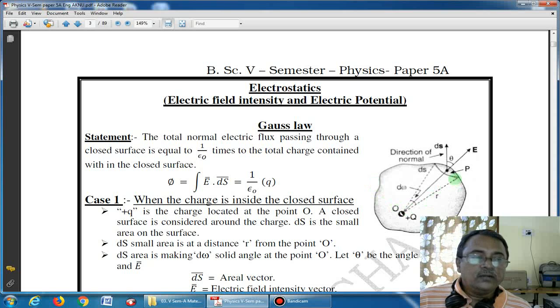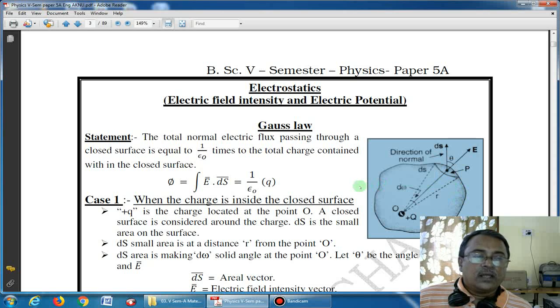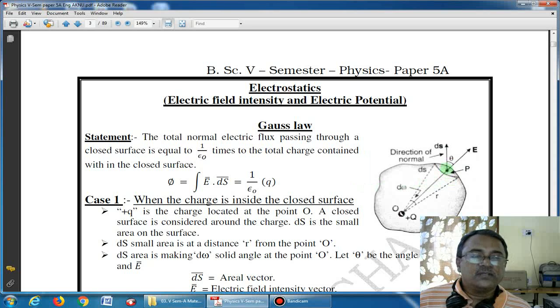Here I took a small area on the surface of this irregular shape and let it be ds. ds is the small surface area on this irregular surface. Here I will take a normal line to the surface area, that is taken as ds bar.